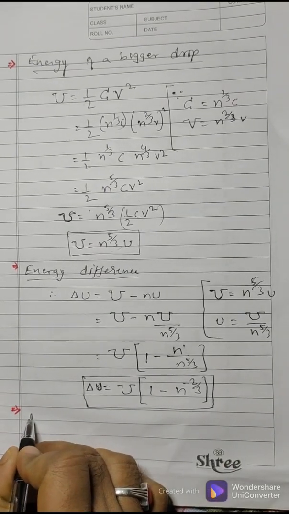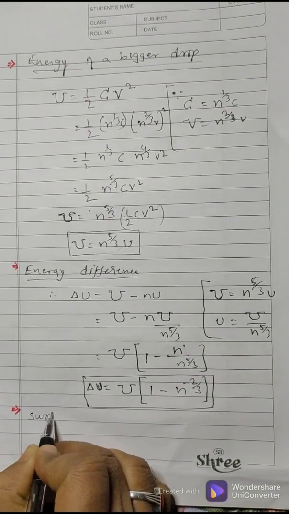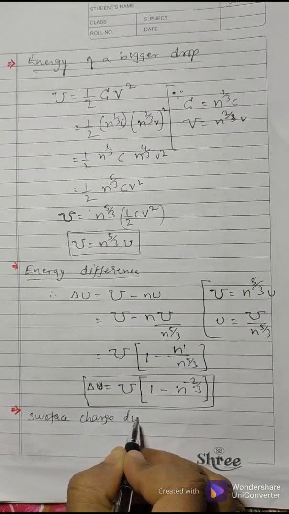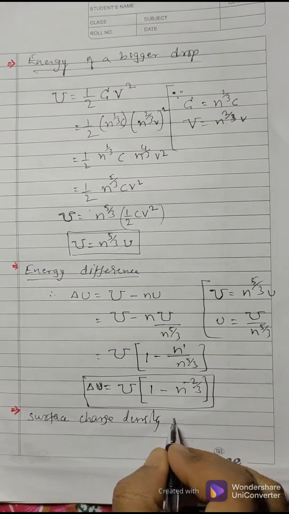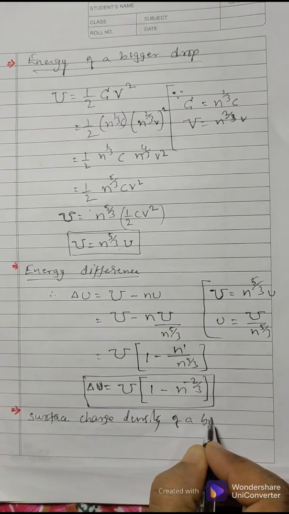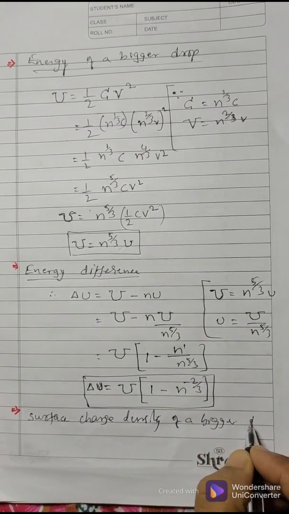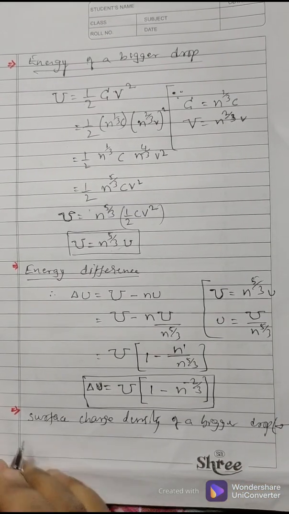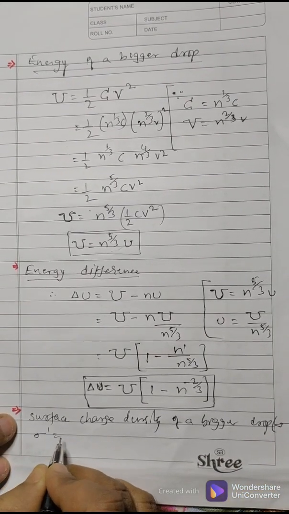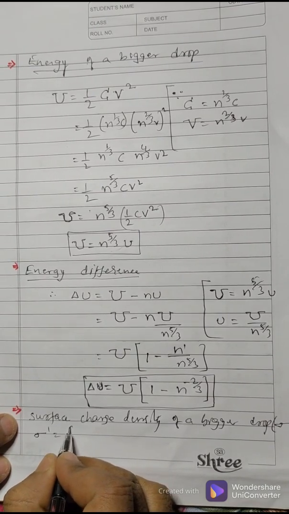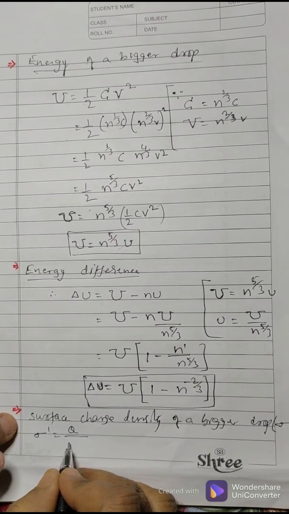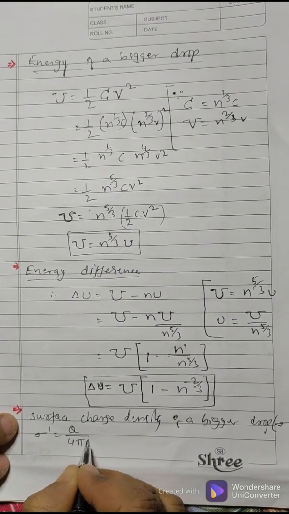Now, surface charge density of a bigger drop, say that is sigma dash. As we know that sigma dash is equal to charge by area. So charge of a bigger drop is, say, capital Q. Area is nothing but spherical area, that is 4 pi capital R square.